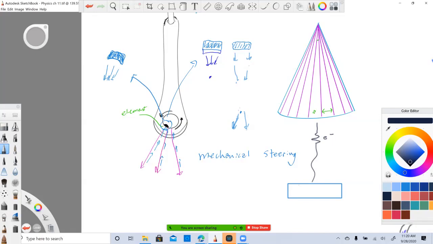We really need amplifiers, and I'll tell you why. The beam goes out, let's say it goes out at 100 watts. And I'm just making up numbers again. Here, I'm drawing it right here.